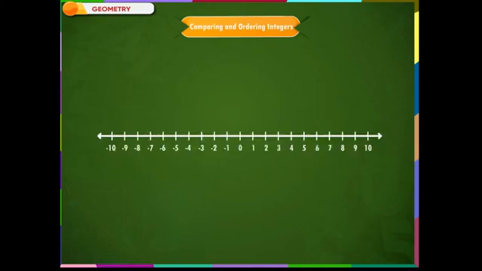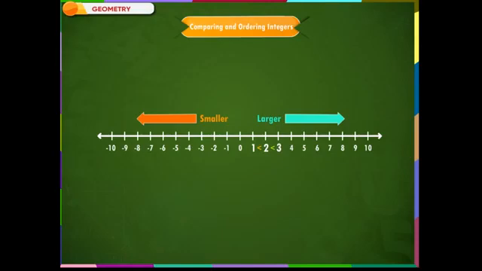In a number line, when we move towards right of 0, we get bigger numbers. For example, 2 is greater than 1, 3 is greater than 2, and so on. Similarly, when we move in the opposite direction from 3 towards left, we get smaller numbers. For example, 2 is smaller than 3, 1 is smaller than 2, and so on. We use the same concept for negative integers also.